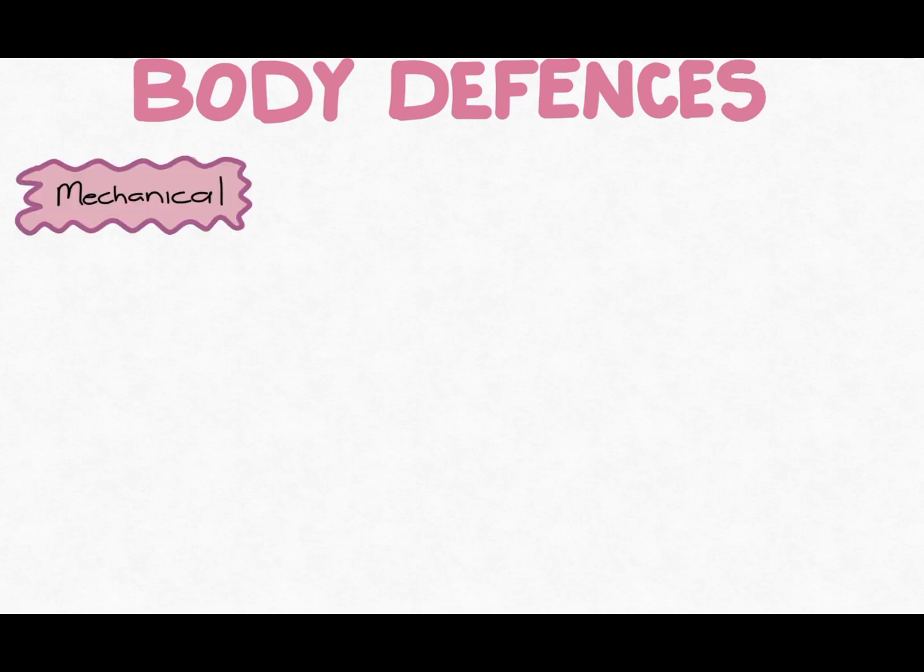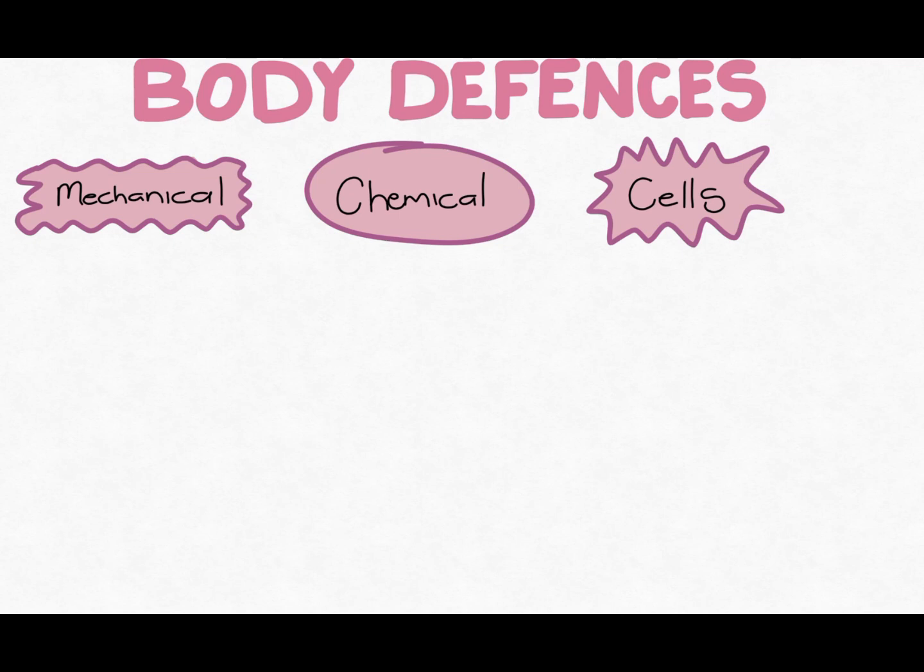Now, even if we use all the correct control measures for disease not to spread, diseases can still get into our body through pathogens. Now, our body has three main ways in which it defends itself against diseases. It has mechanical and chemical barriers, as well as cells.